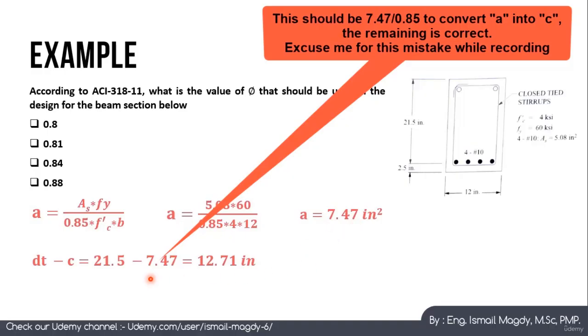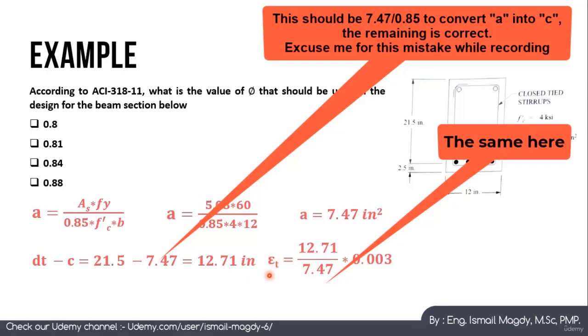Next step, we need to calculate dt minus c, which equals 21.5 minus 7.47, which is going to equal 12.7. So now we can calculate epsilon of the steel, which equals (dt minus c) over c.